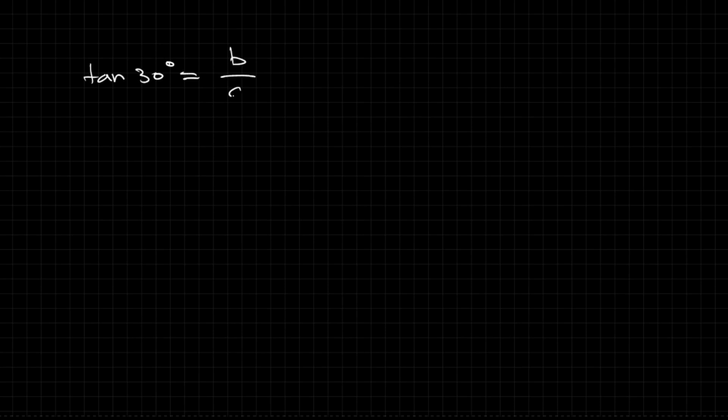So b over a, which is 15 root 2, all divided by 2, and divided by a, which we don't yet know. Well, I suppose we do, but we're trying to do this a different way, so pretend we don't know what it is.